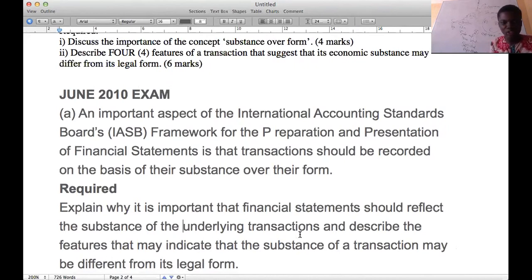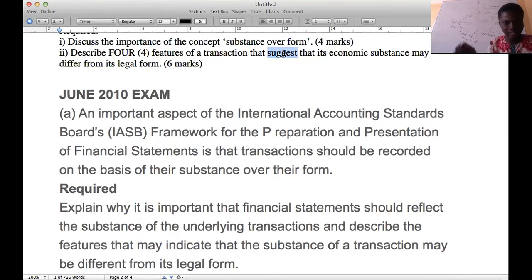So we are just asking you the importance of substance over form. That's the same as the previous question, right? And then describe the features that may indicate, I like how the examiner put it, may, not should. So describe four features of transactions that may suggest this.